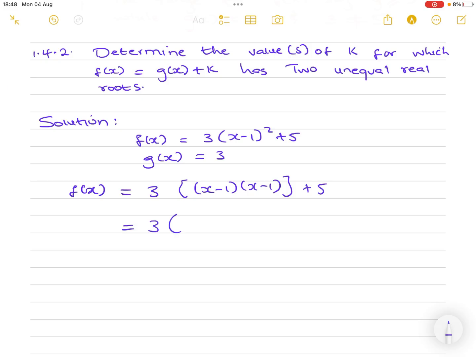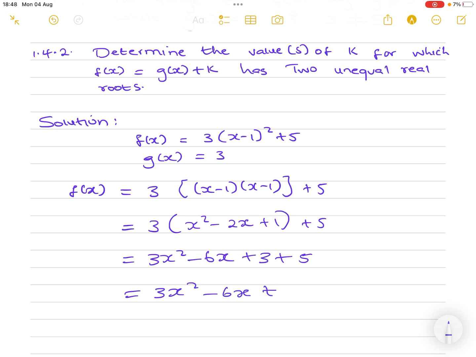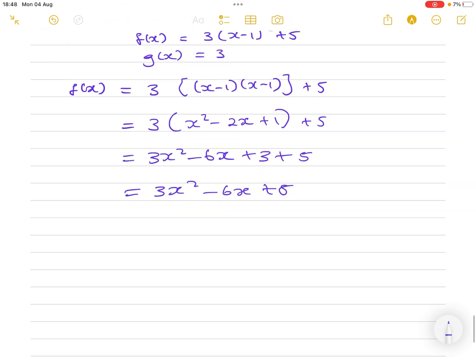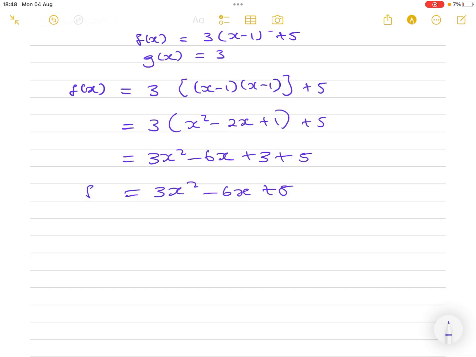So 3 times x squared minus 2x plus 1, plus 5. As a result, you have 3x squared minus 6x plus 3 plus 5, so you end up with 3x squared minus 6x plus 8. This is f(x), and g(x) is equal to 3.